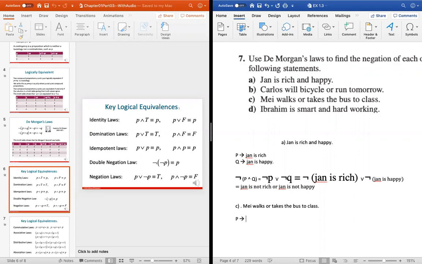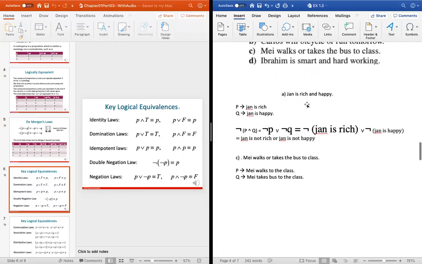Let's say P represents Min walks to class, and Q represents Min takes the bus to class.